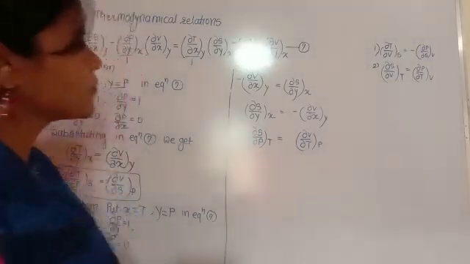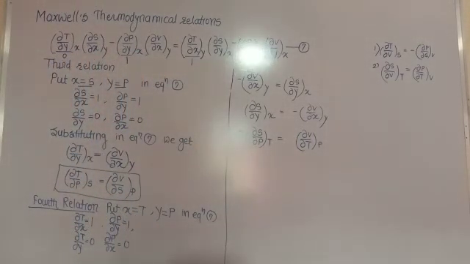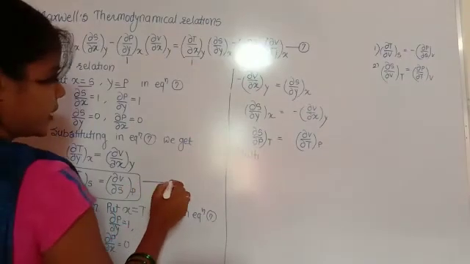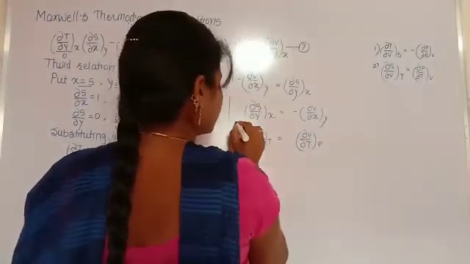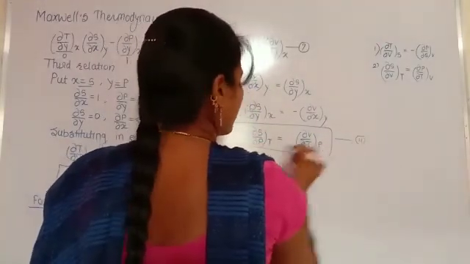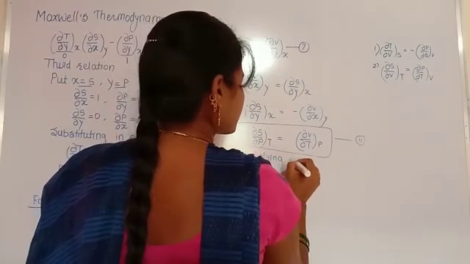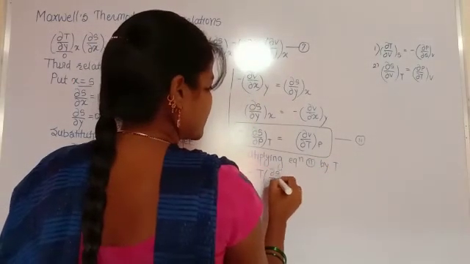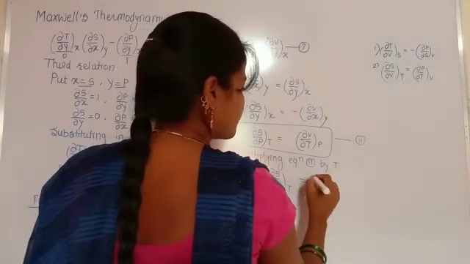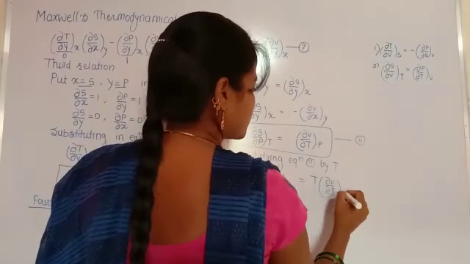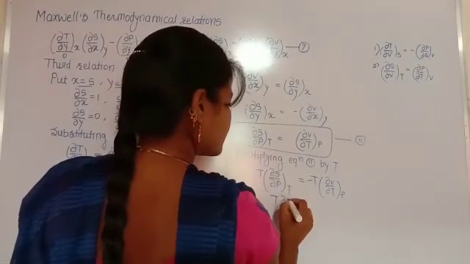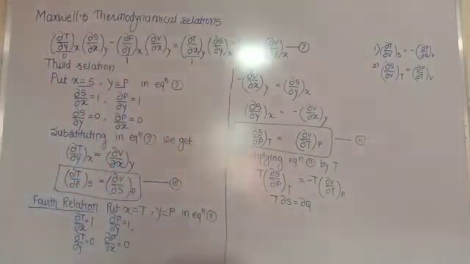So multiplying equation 11 by T on both sides, we get minus T into del S by del P at constant T is equal to T into del V by del T at constant P. So we know that T dS is equal to dQ according to the second law of thermodynamics.